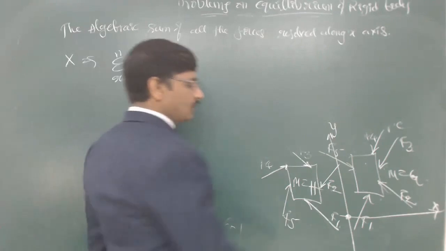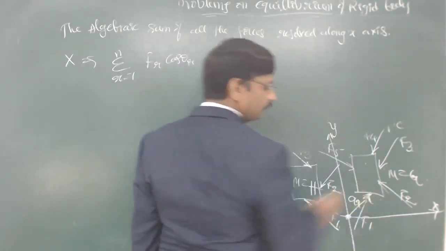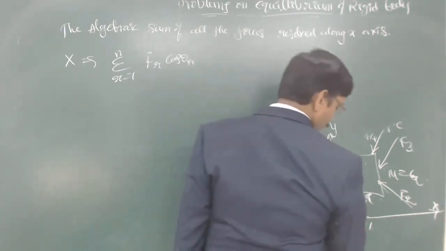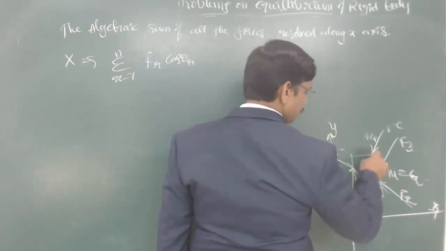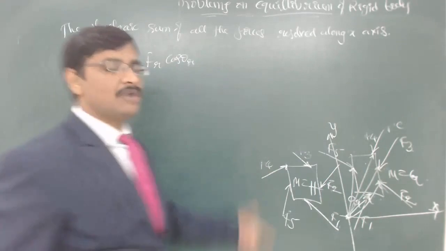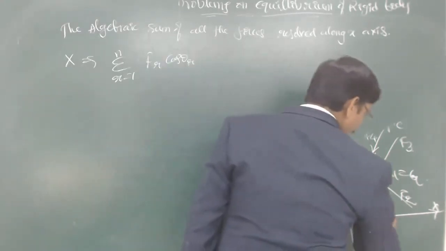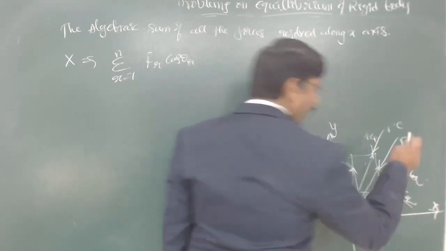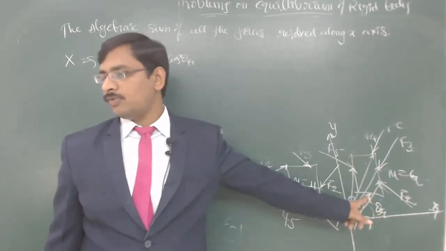Now from there you have to draw the position vectors AR. So this is one position vector, this is another, and another, and another. Each position vector to the point of application of the force is making an angle of theta. So I call it theta r, where r can be any value depending upon the number of forces.